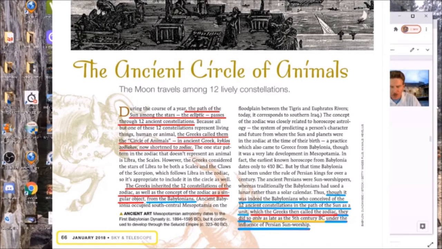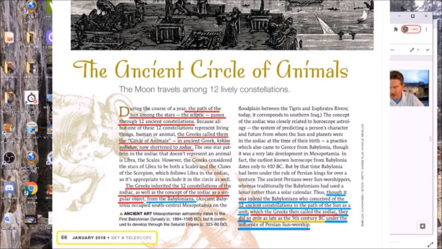Jumping down to the next paragraph, the Greeks inherited the 12 constellations of the zodiac as well as the concept of the zodiac as a singular object, like a wheel, as we're dividing it into 12. They adopted it from the Babylonians.